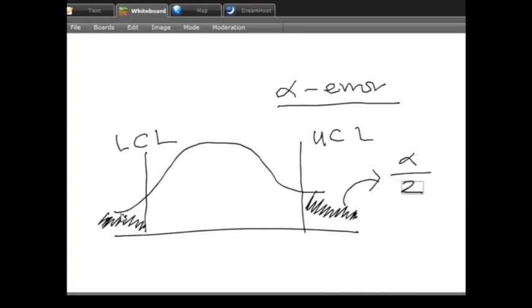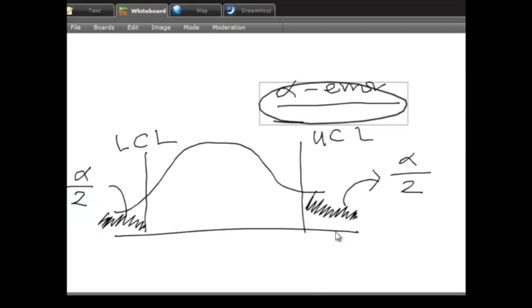Since on the left side we have one more area that should be alpha over 2. So the sum is alpha error. So what is the z-value in this general form of the control limit? The z-value is here at this point.